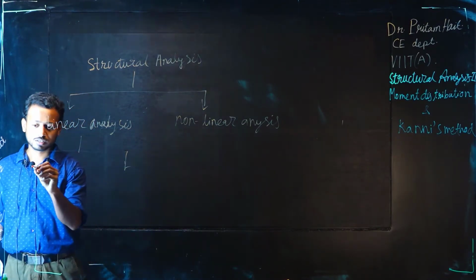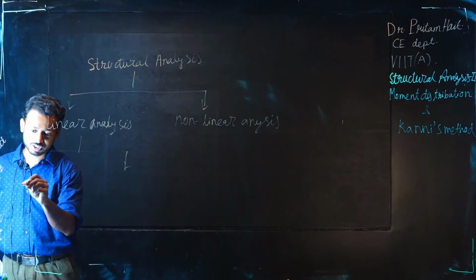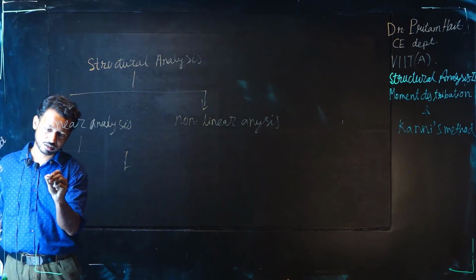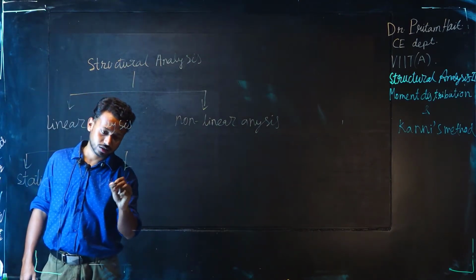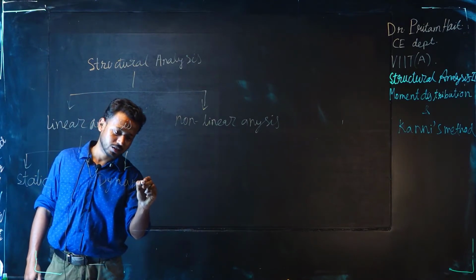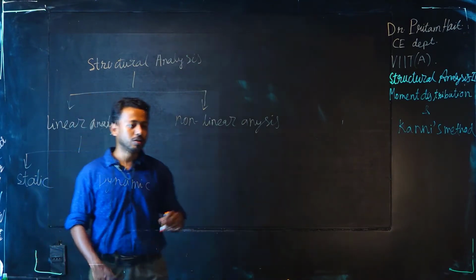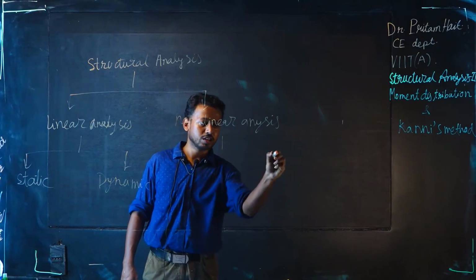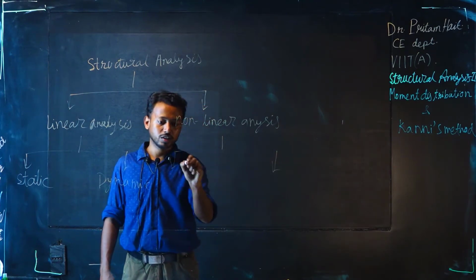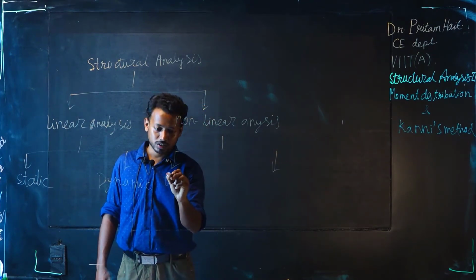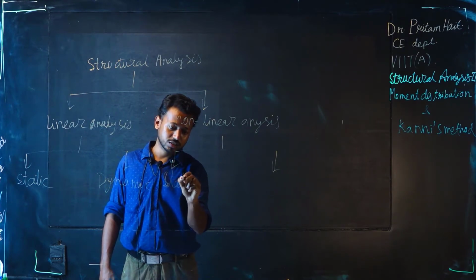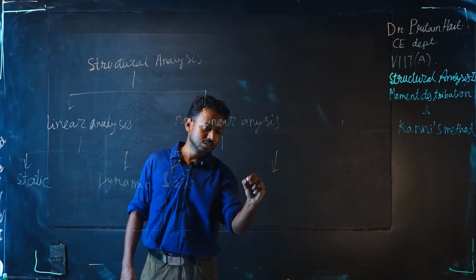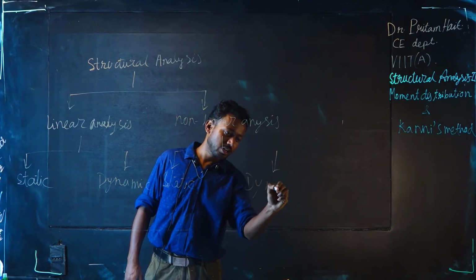In linear category, further we can classify into two categories. One is static analysis, another is dynamic analysis. In non-linear category, it can also be classified into two categories. First one is static analysis, second one is dynamic analysis.